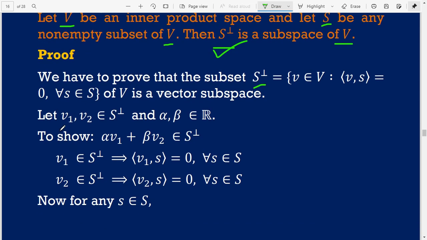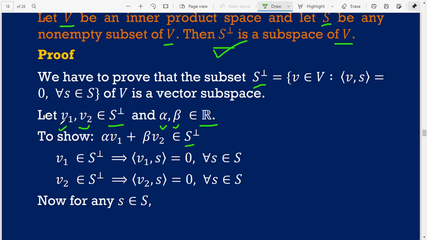So let V1 and V2 belong to S orthogonal and alpha, beta belong to R. To show alpha V1 plus beta V2 belongs to S orthogonal.